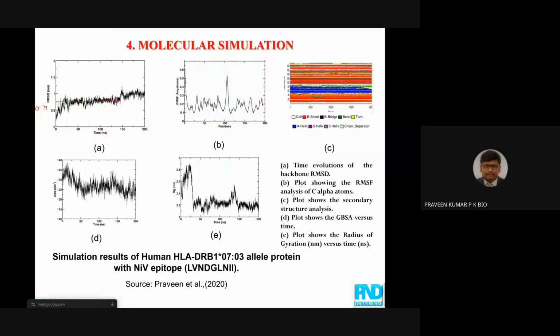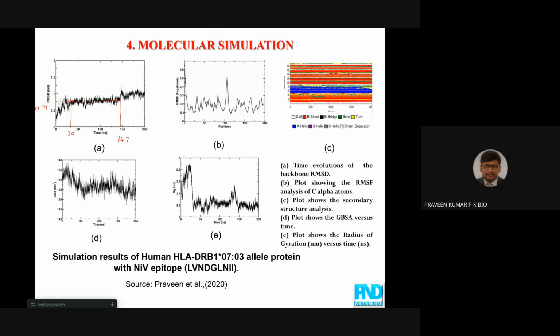From here to here, that is around 30 to 147, you can see the RMSD is stable and comes around 0.75 nm, not Newton meter, nanometer, and these are the times. So from 30 to 147 nanoseconds, the peptide is binding stably. The entire peptide is binding stably with the entire protein in this particular time.